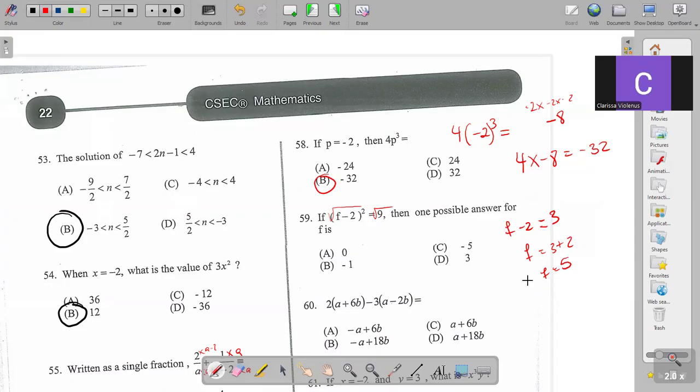But there isn't a positive 5. So the other answer could be f is negative 5, because even though negative 5 could be used as well, because look at this, negative 5.